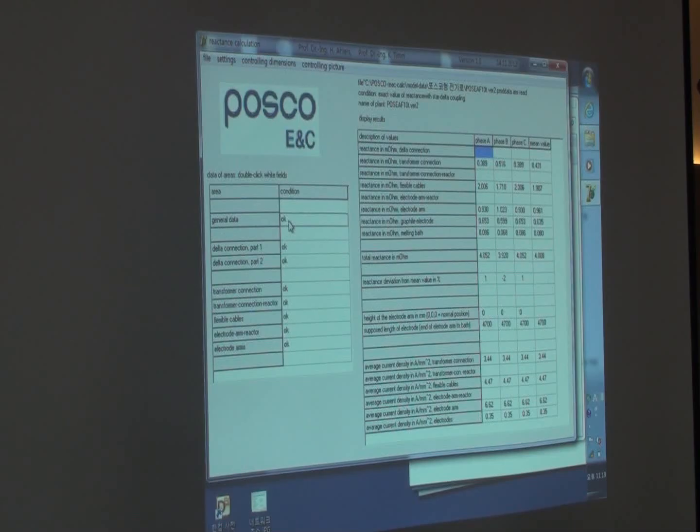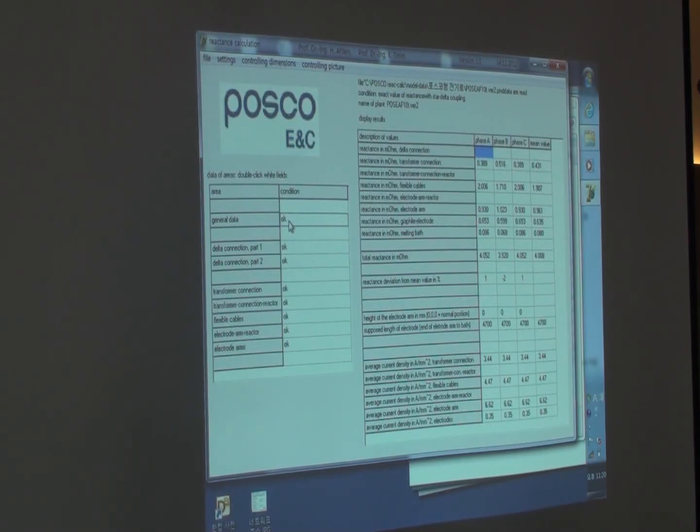This form is a very expensive transformer. What? Very expensive transformer? Yes, in this case. In this style, we are adding more additional reactance.